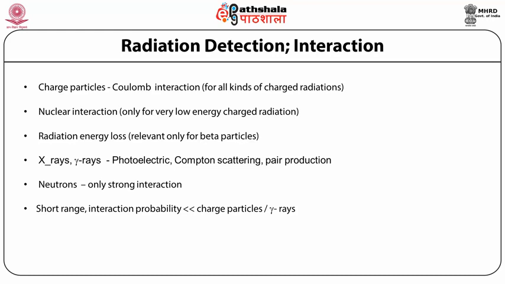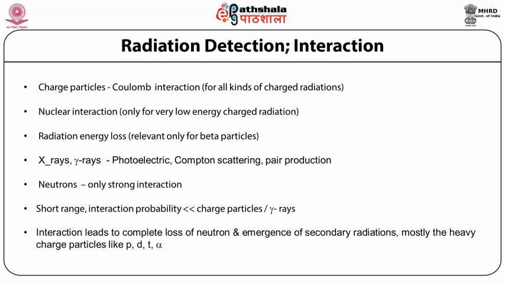The neutrons have short range and interaction probability is very low compared to charged particles or gamma rays. Interaction leads to complete loss of the neutron and emergence of secondary radiations. Mostly heavy charged particles like P, D, T and alpha are emitted, which are then detected by the material.